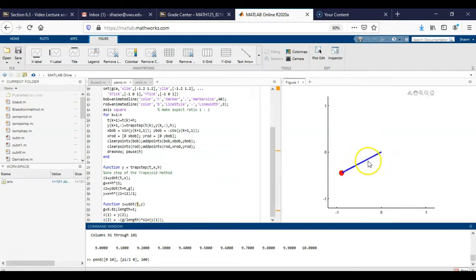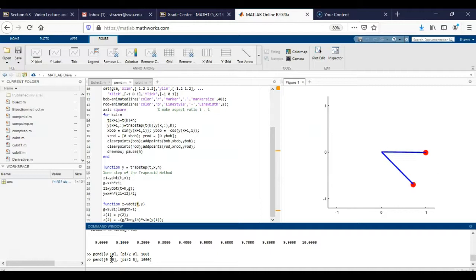So you can see that it starts at its initial position, which was at pi over 2, and of course after it gets to the end, we see that. Here it's moving a little slower because it's taking more time to compute the solution here, which you can see. A bit of a better solution, right?